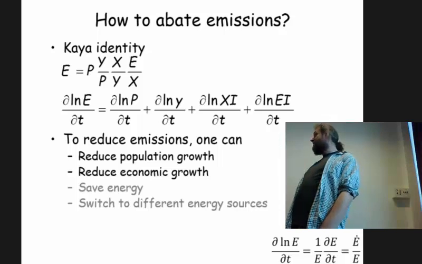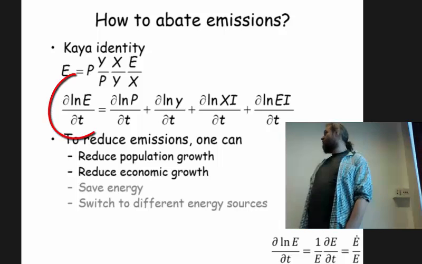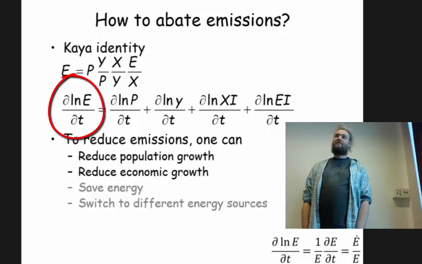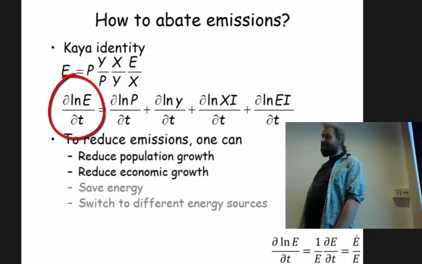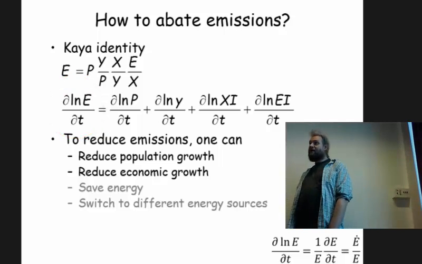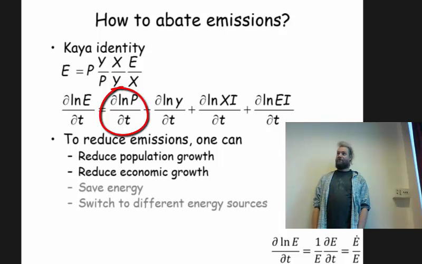So what does this tell us? If we want to change the growth rate of emissions, d ln E / dt, then we can do essentially four things. We can reduce the number of people.